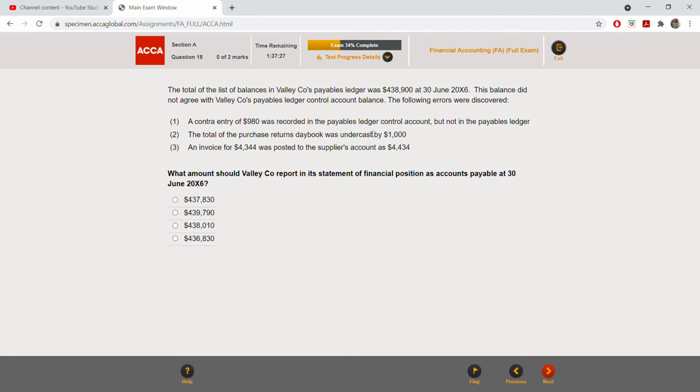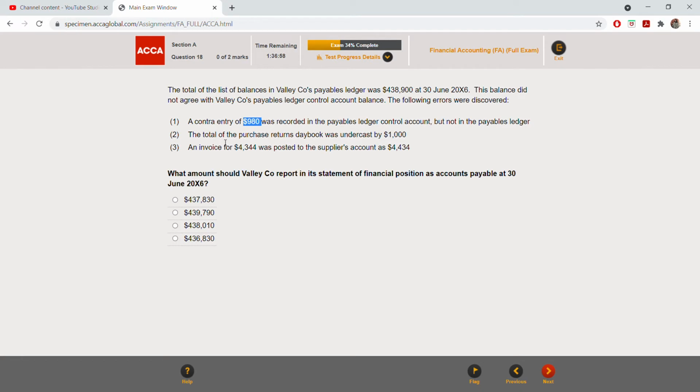Start with this balance 438,900. From there you deduct the contra 980. Why? Because this one was recorded in the payable ledger control account but not in the payable ledger, so it needs to be deducted. Next, second one, it does not affect the list of balances.